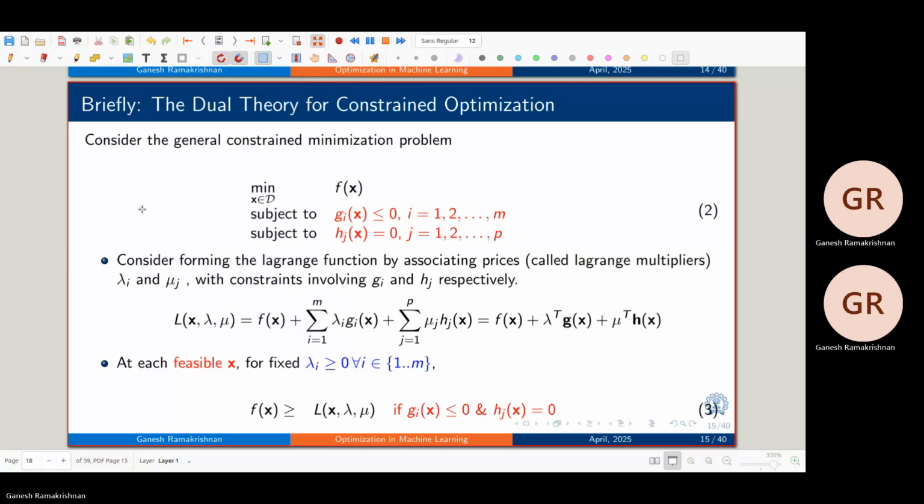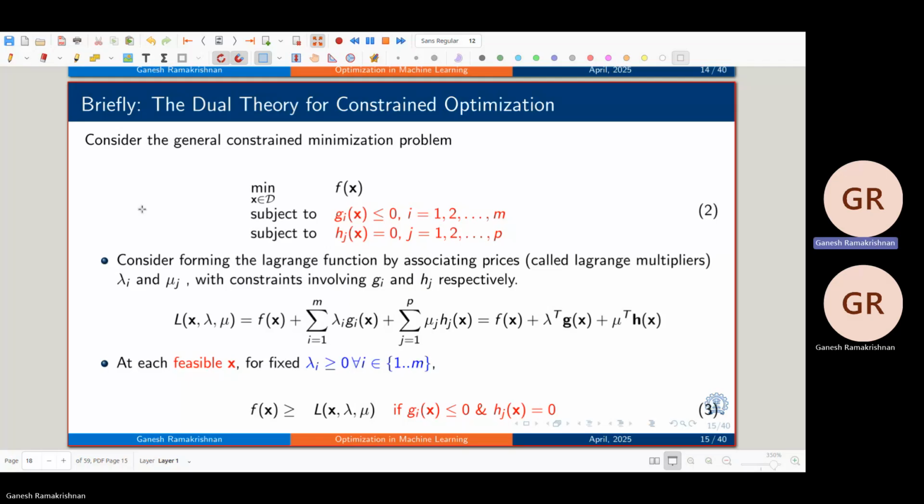So what we are saying is, look at the positive space spanned by the gradients of the Gi's. The gradient of F should not have any component in that space, the positive linear combination. It can have a component against that, the complement to that, but nothing in that positive direction.